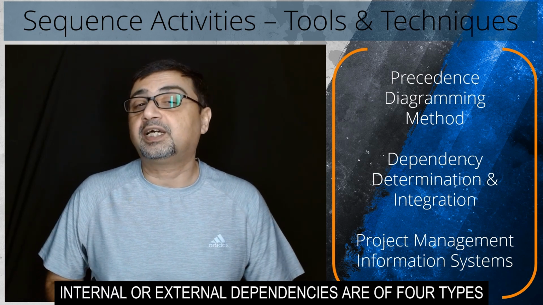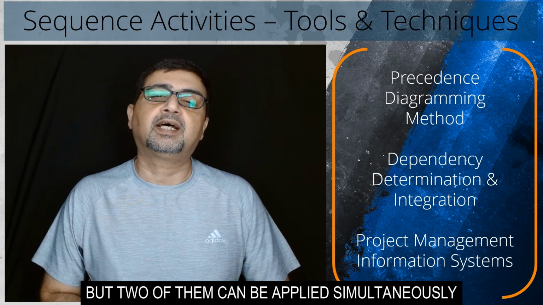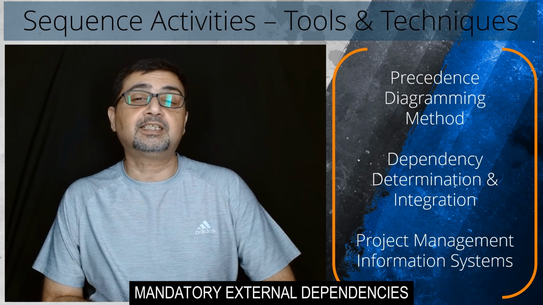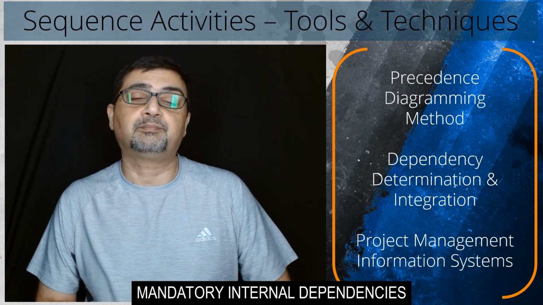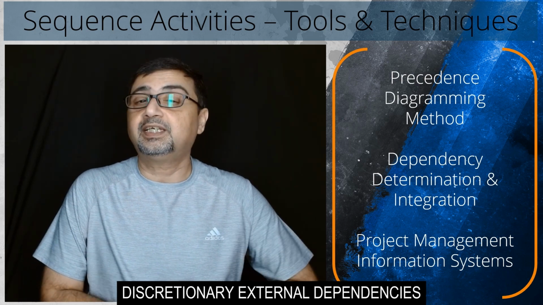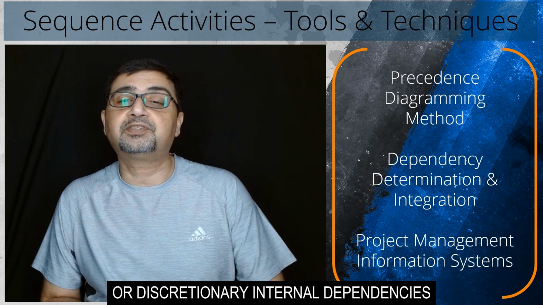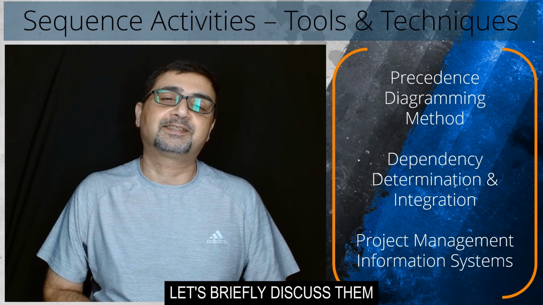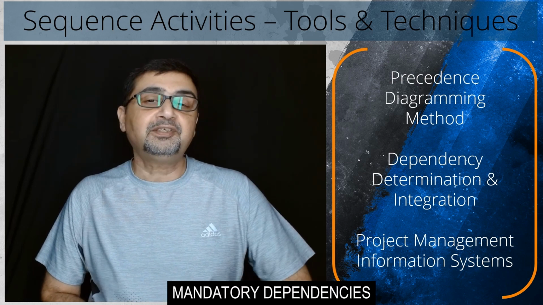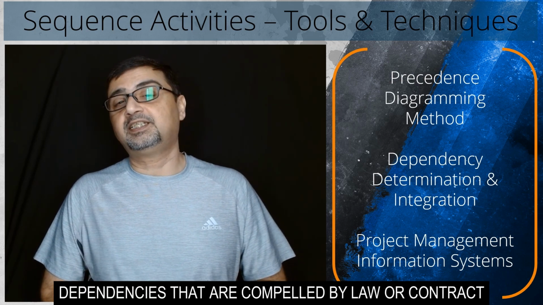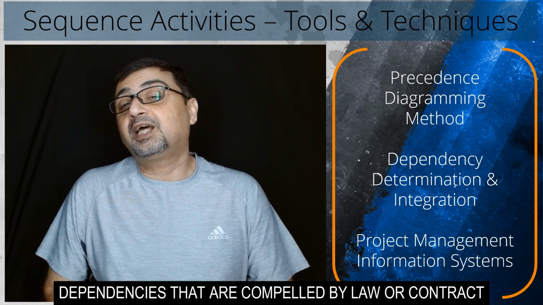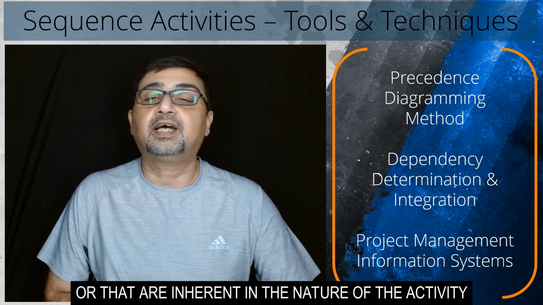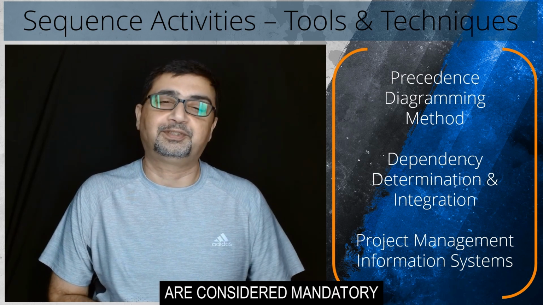Dependencies are of four types, but two of them can be applied simultaneously in the following ways: mandatory external dependencies, mandatory internal dependencies, discretionary external dependencies, or discretionary internal dependencies. Let's briefly discuss them. Mandatory dependencies, dependencies that are compelled by law or contract, or that are inherent in the nature of the activity, are considered mandatory.